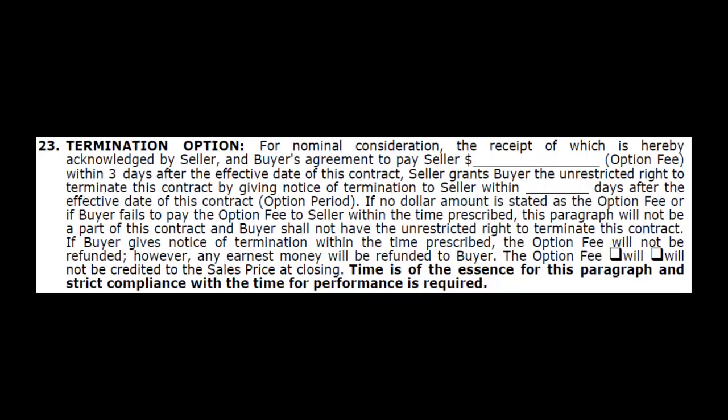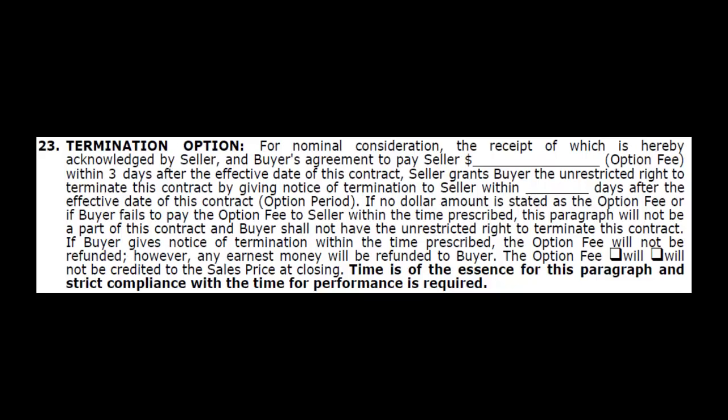So, when is the time prescribed? The time prescribed is 3 days. Okay? So, this money has got to get to the seller within 3 days, or actually what's got to happen is the receipt has to be signed within 3 days. And I've talked to an attorney on that. They've kind of gotten down to the nitty gritty on who's allowed to sign that receipt and when is it actually received.